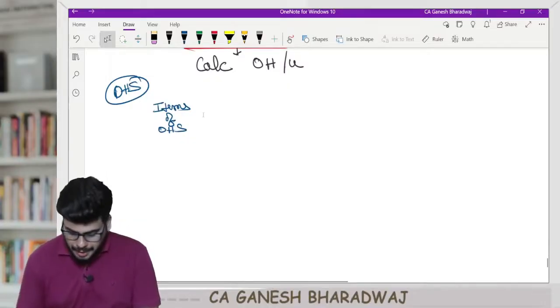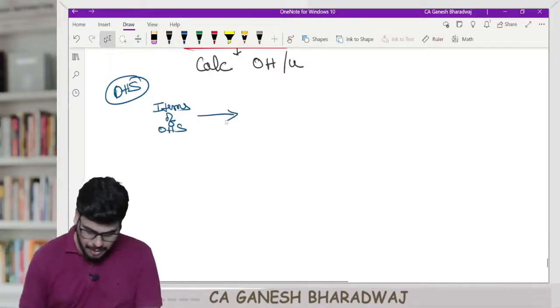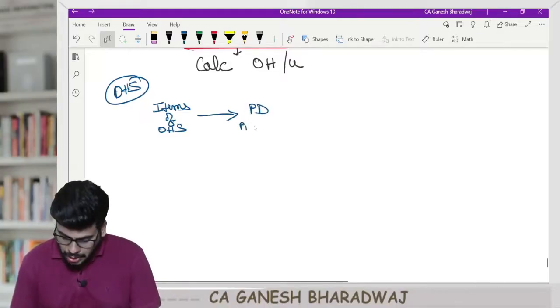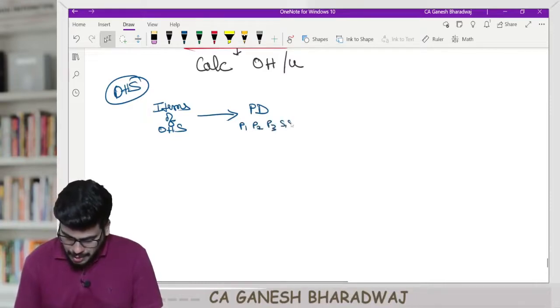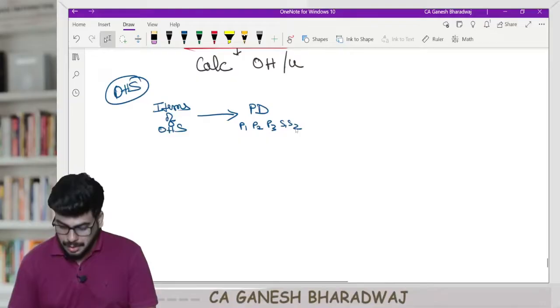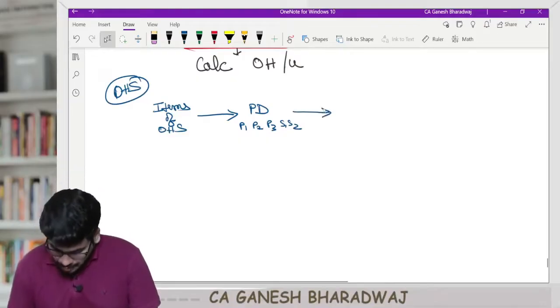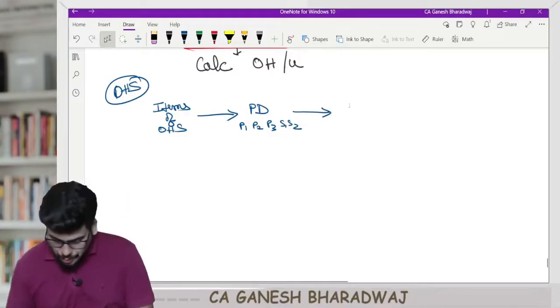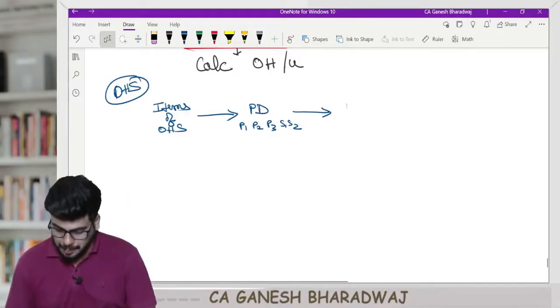Now what we did, first we did a primary distribution. That is, we distributed the overheads to all departments, P1, P2, P3, S1, S2 and so on. Then the service department overheads were redistributed back to the production departments.